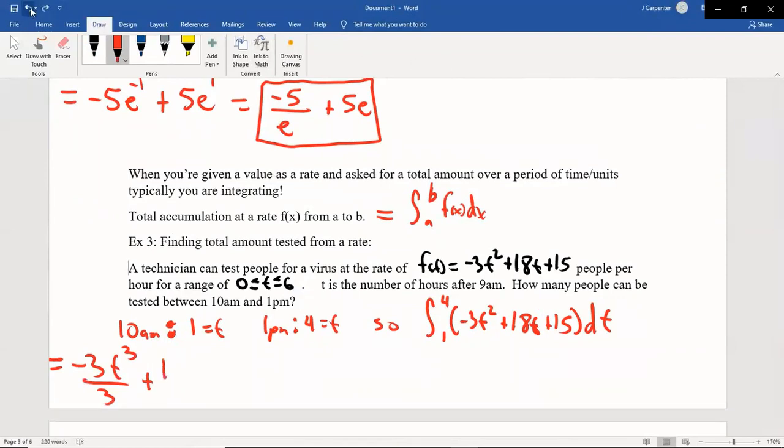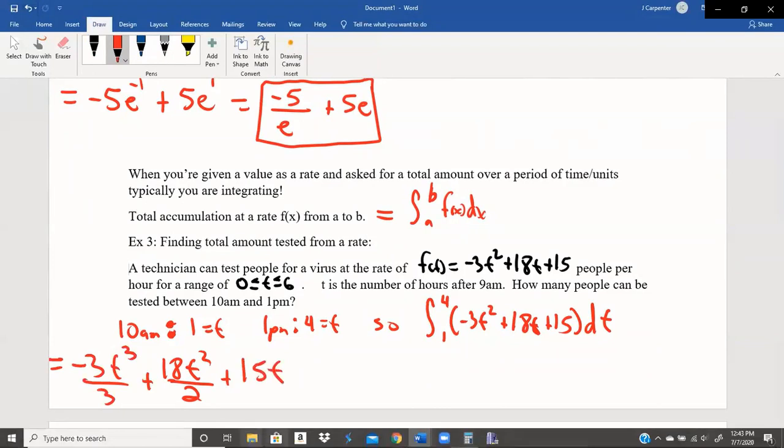So that's plus 18t squared, but then divide by the same value, which is 2. Plus constant terms, when you integrate, you just throw the variable in there. So 15t, because the derivative of 15t would be 15.